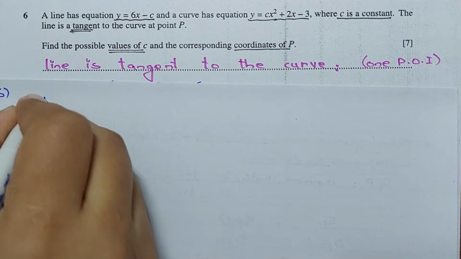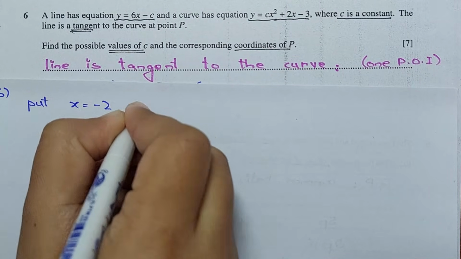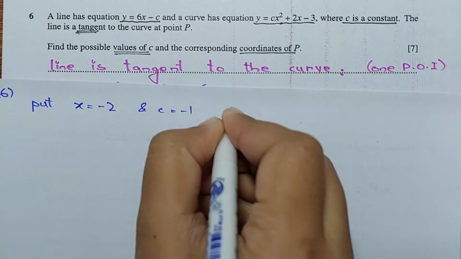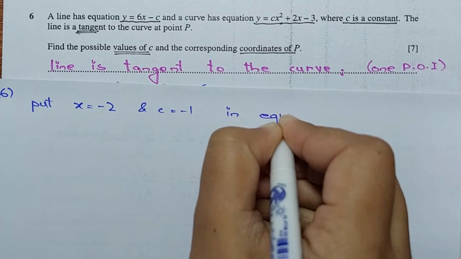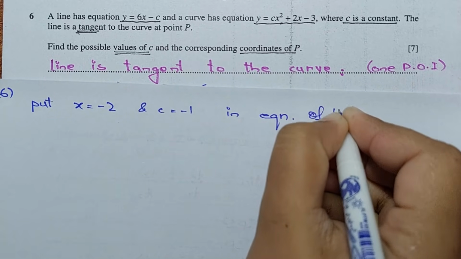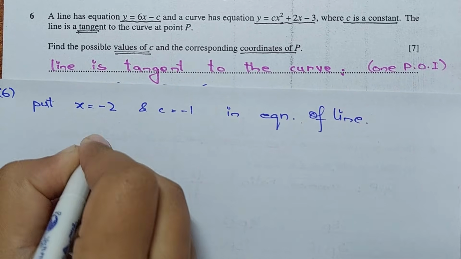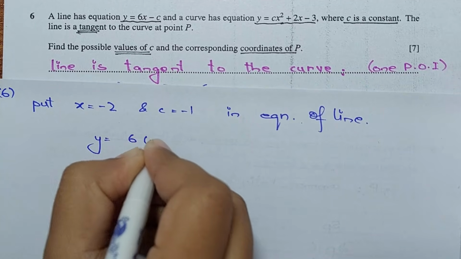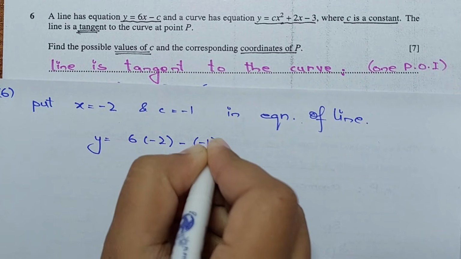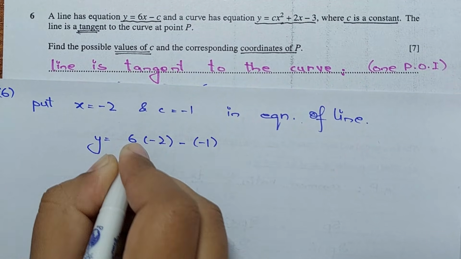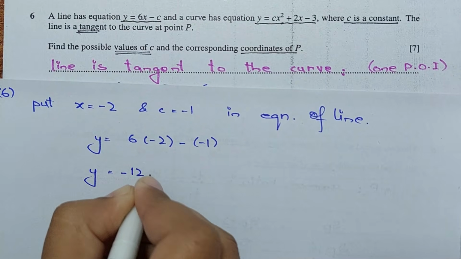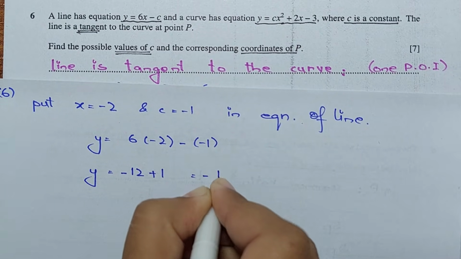Put x is equals to minus 2 and c is equals to minus 1 in equation of line. We will get the y coordinate 6 into minus 2 minus the c is minus 1. So y would be equals to 6 times 2 is negative 12 plus 1, which is negative 11.